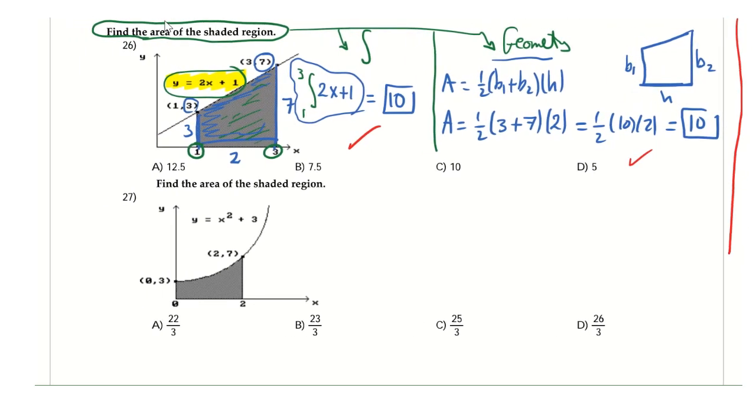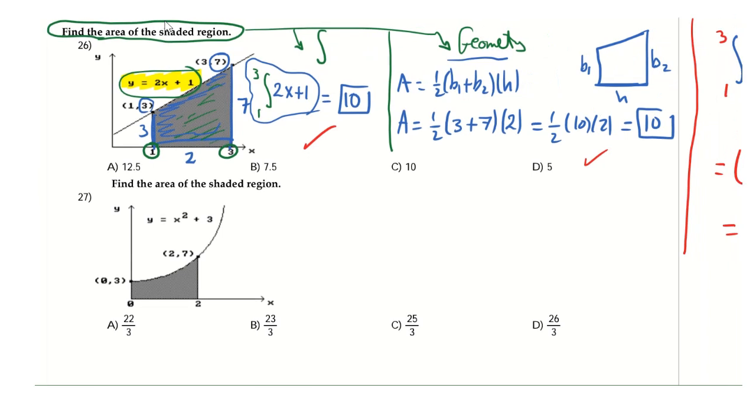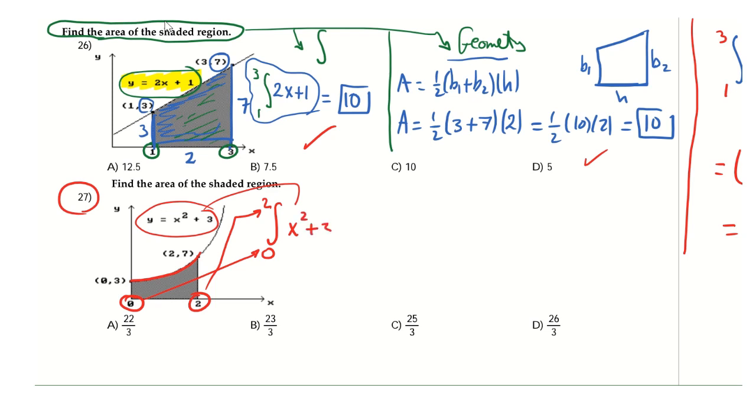The second one, it's a little bit difficult to find by using geometry. Why? Number 27. Because the curve here is not a straight line. So I prefer if you can find the integral from 0 to 2 for the function x squared plus 3.